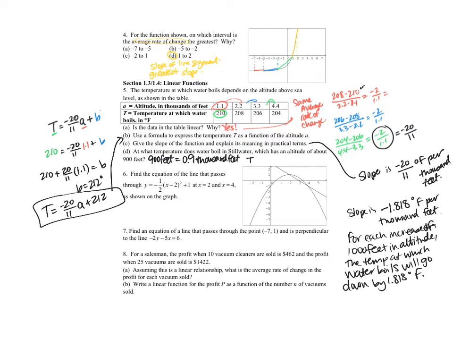So the temperature is going to be equal to negative 20 over 11 times 0.9 plus 212. And if I compute that, I get 210.36 degrees Fahrenheit.